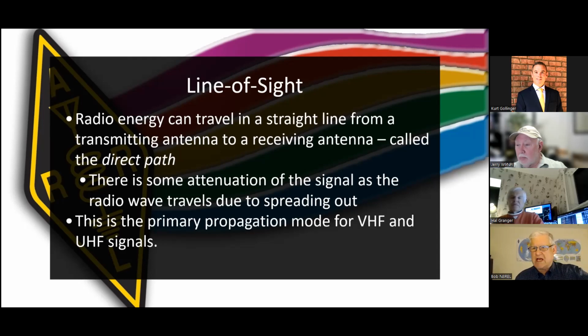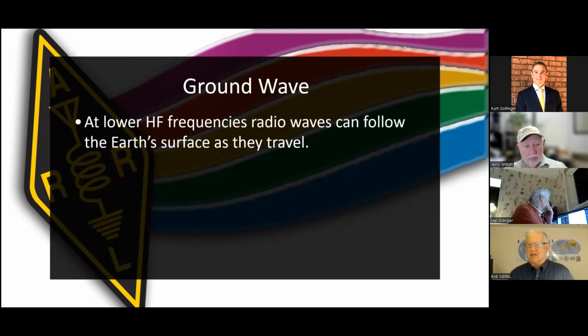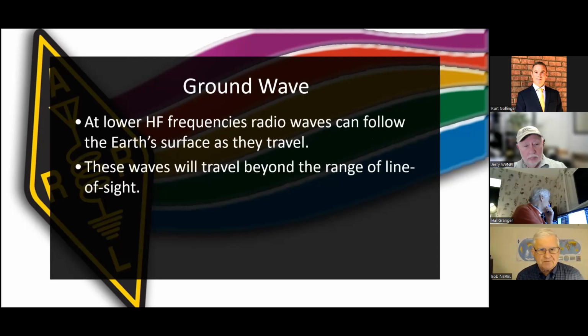As the signal goes out from your antenna, it does spread out a little bit. It does weaken a little bit. And here they use the word attenuation, and that just means your signal is losing strength as it travels through space. And line of sight, VHF, again, that's say the 2 meter band and the 6 meter band, and UHF, those are both essentially line of sight modes.